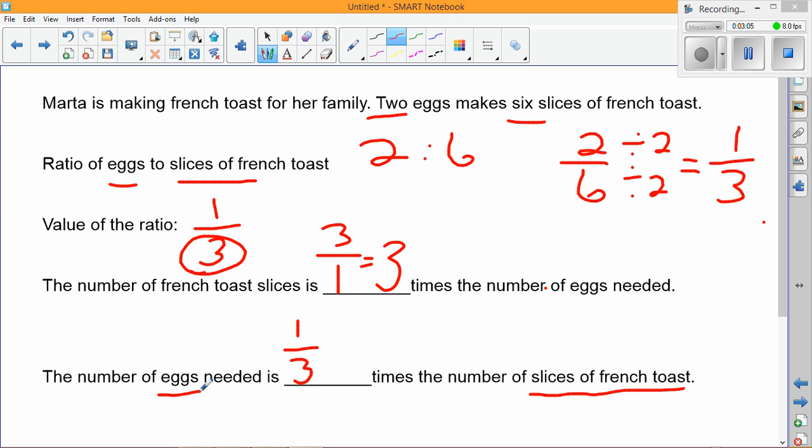And that makes sense because we have 6 slices of French toast, and 1/3 of 6 will give us 6/3, which reduces to 2. And we need 2 eggs. So the number of eggs needed is 1/3 times the number of slices. And the number of French toast slices is 3 times the number of eggs.